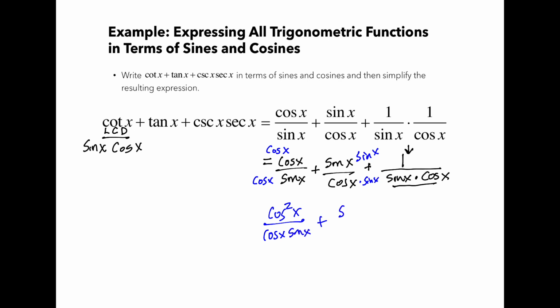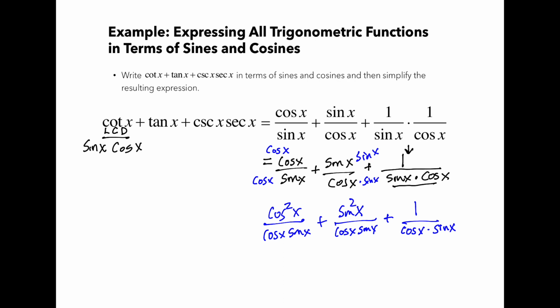And then we have sine squared x over cosine x sine x. And then we're adding 1 with, again, you could write sine x over sine x cosine x or cosine x sine x, putting an order to the multiplication. It doesn't matter. You can write it either way. Oops, and I forgot the sine squared there.